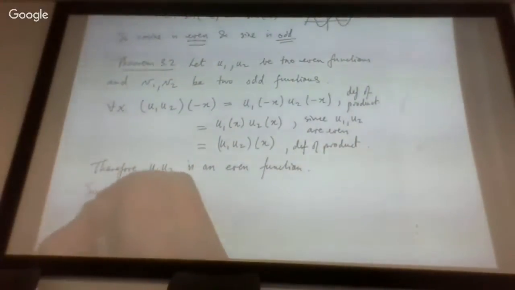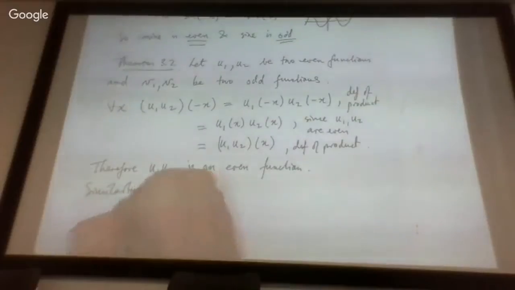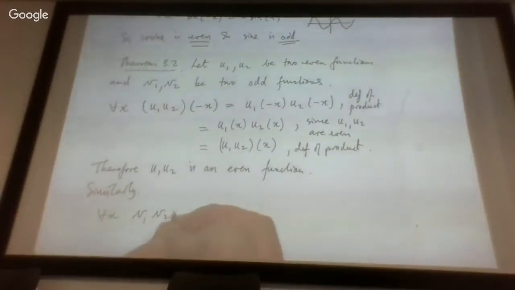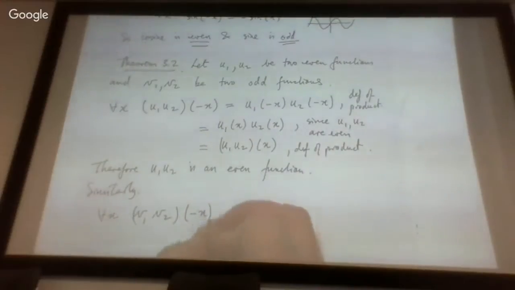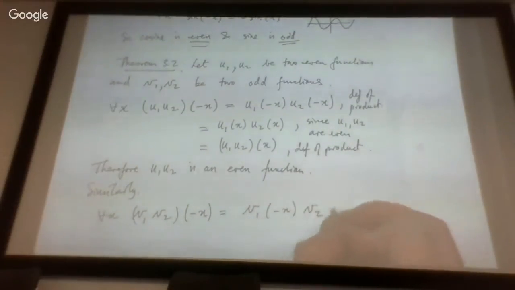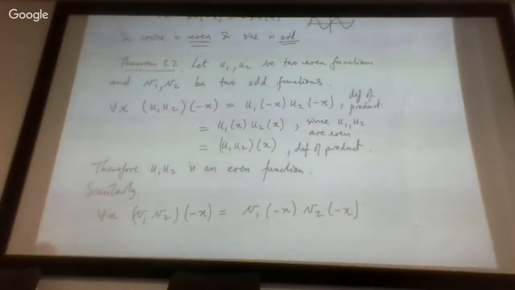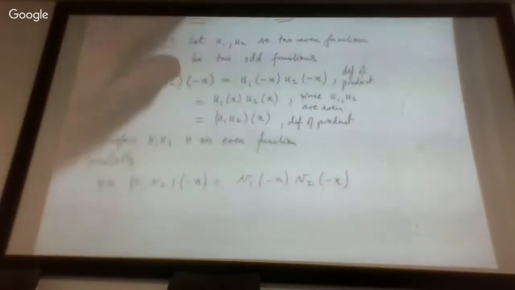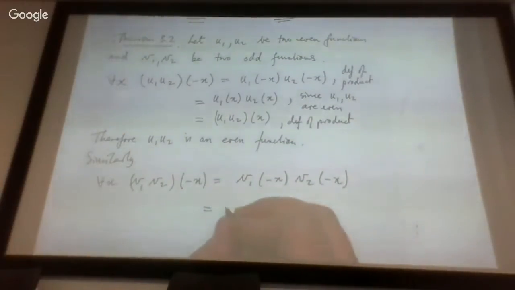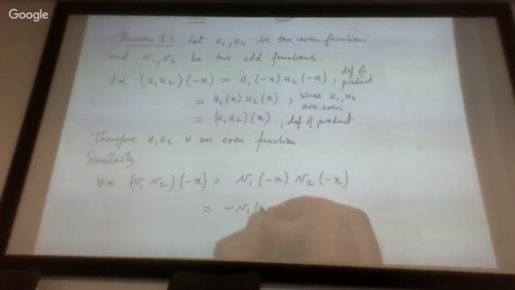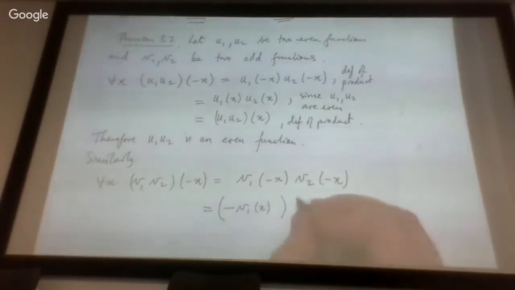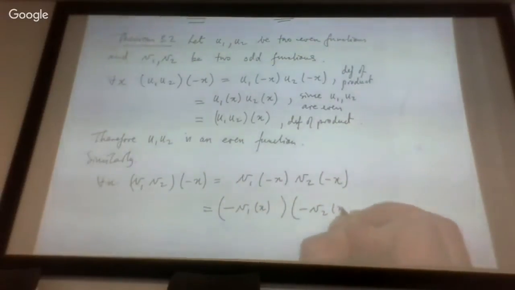Similarly, let's take v1 times v2 and evaluate that at minus x. We'll move slightly quicker now. By the definition of product, that's just v1 of minus x times v2 of minus x. But both these functions are odd, so this gives us minus v1 of x times minus v2 of x.